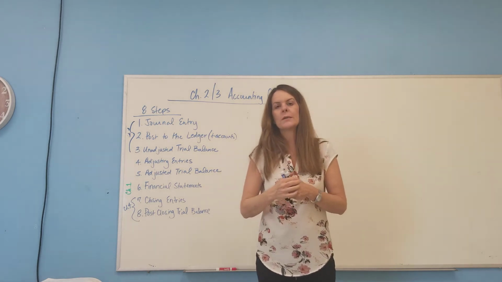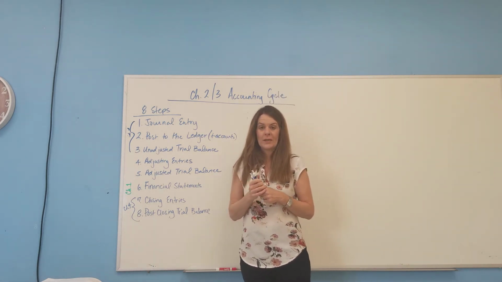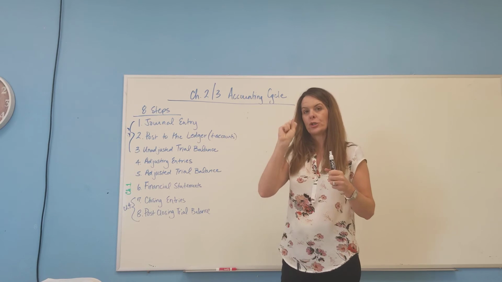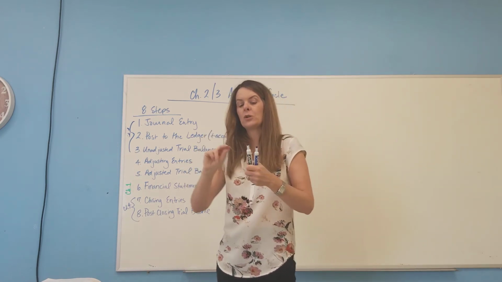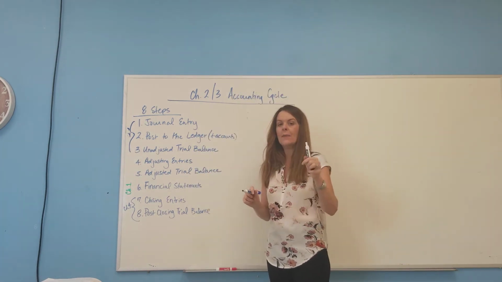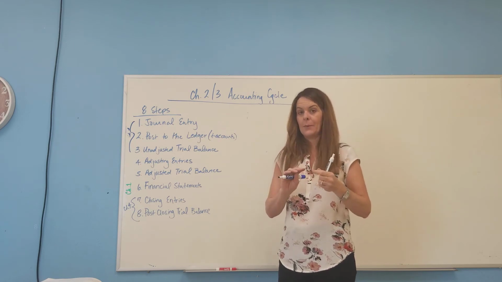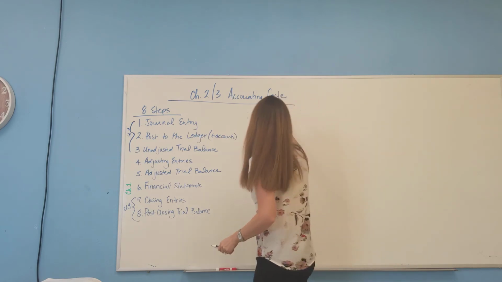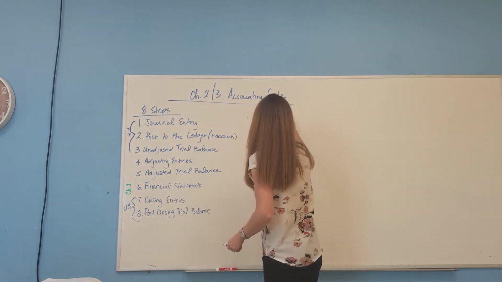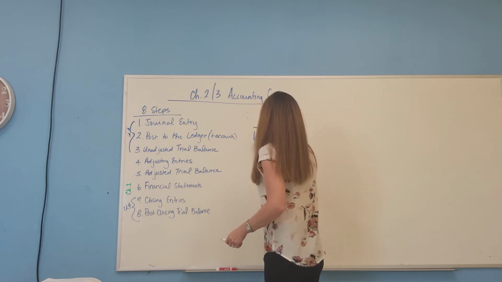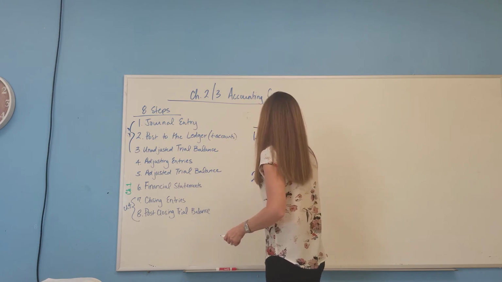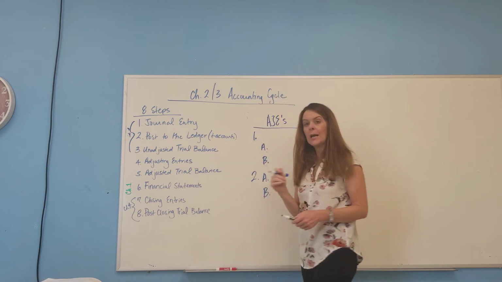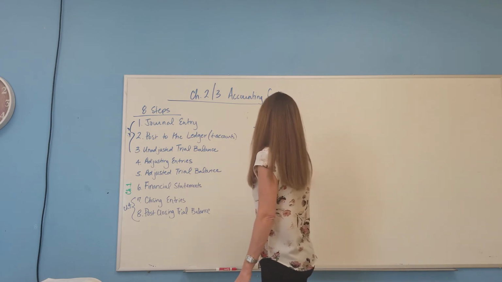So adjusting entries, those are actually 2 different types, and each have 2 different types. So I'm going to quickly go over that, and then in my next video, I'm going to do some examples of adjusting journal entries. So adjusting journal entries, AJEs. The first type of adjusting journal entry is what's called an accrual.